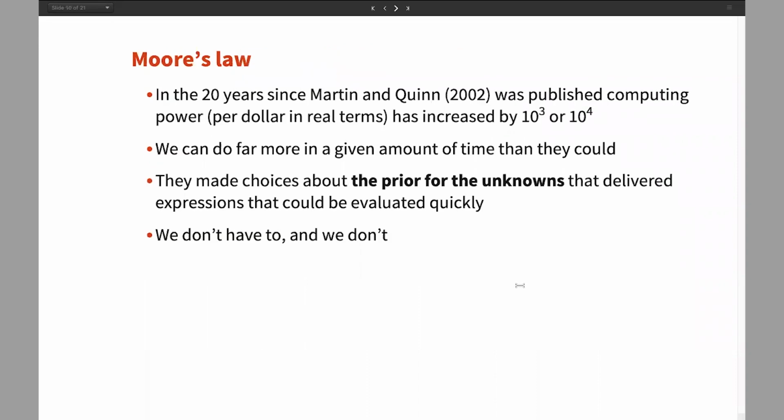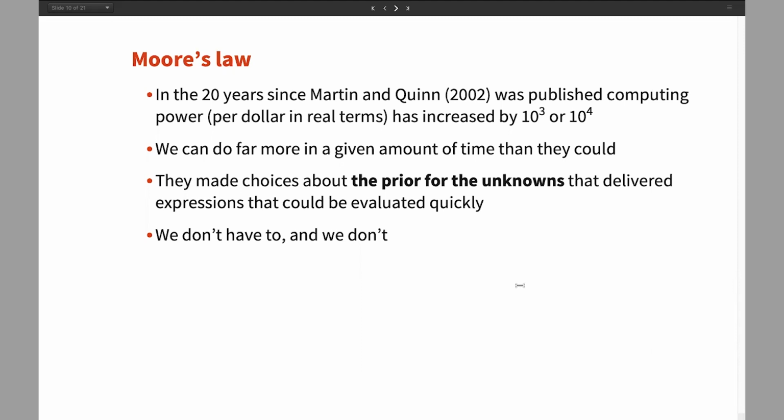Okay, one point. When Martin and Quinn made this model 20 years ago, computing was a lot more expensive. I don't know how you calculate Moore's law. Is it every 2 years things get twice as powerful for the same real dollar amount, or is it every 18 months?